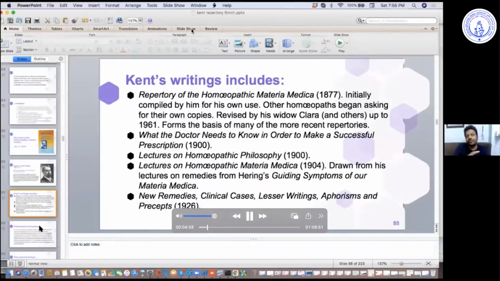Even for me, in the first few years after my college, I was totally into Boenninghausen and giving remedies based on Boenninghausen's Materia Medica, because I was studying with Vijay Vaishnav. He used to prescribe based on Boenninghausen and allergens. Then I spent a lot of time with Dr. Sehgal's method, with Dr. Milind Rao. I learned about mind rubrics, and spent a lot of time trying to understand delusions.